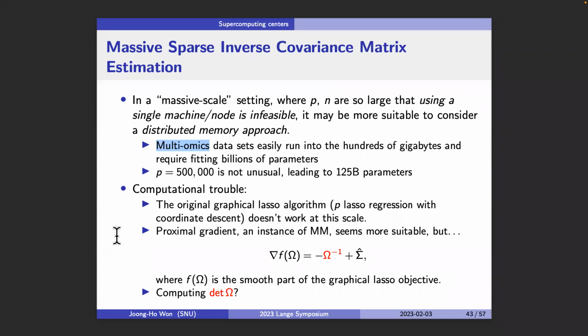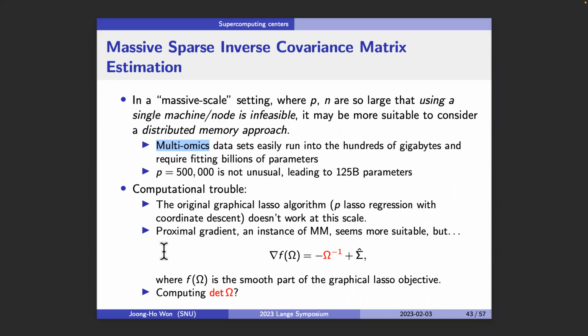And then there is a computational trouble, of course. The original graphical lasso algorithm by Friedman and Hastie is based on coordinate descent. And that algorithm didn't work at this scale. And there is something called proximal gradient, which is an instance of an MM algorithm.